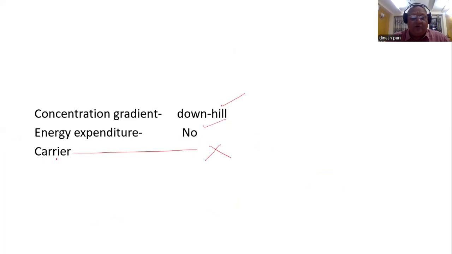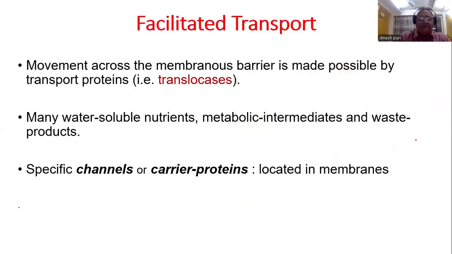Now we are going to do facilitated transport, which is the same in terms of concentration gradient and energy expenditure, but it does require a carrier. And what is the carrier? Carriers are membrane proteins. So facilitated transport movement occurs with the help of transport proteins called translocases.